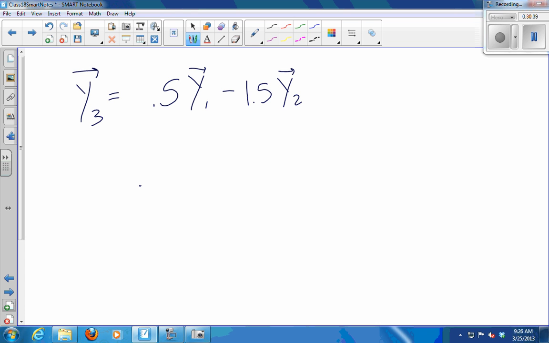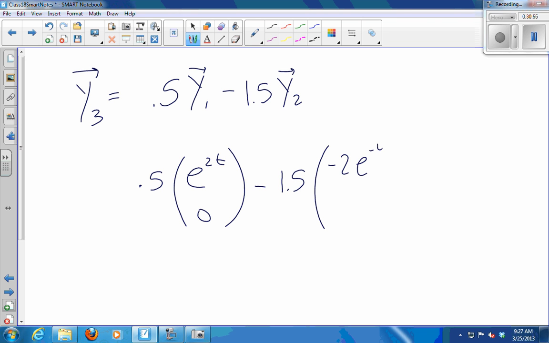So this says 0.5 times y1, which is e to the 2t, 0, minus 1.5 times y2, which is negative 2, e to the negative 4t. What's this one? 4, negative 4? Is that right? All right.